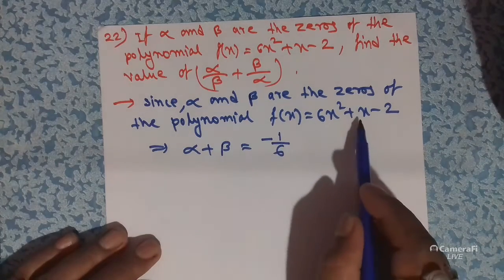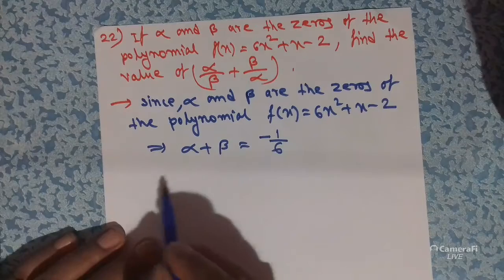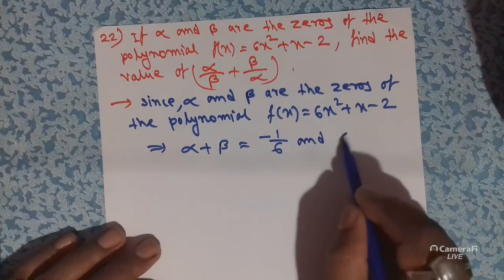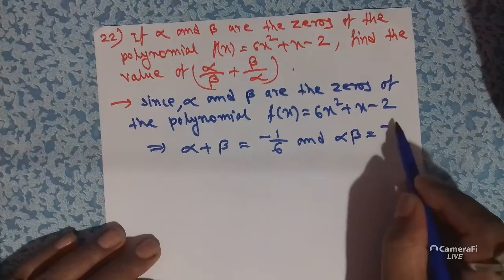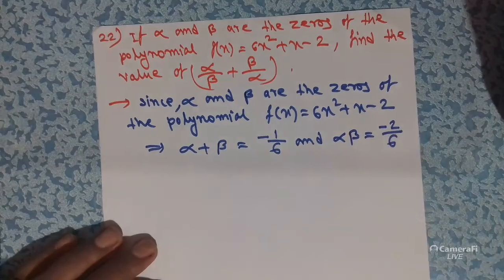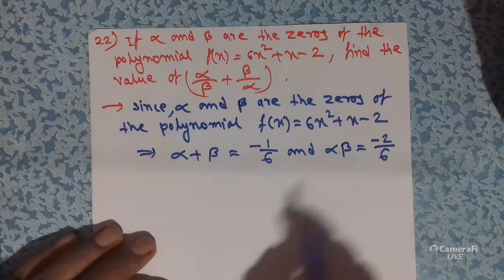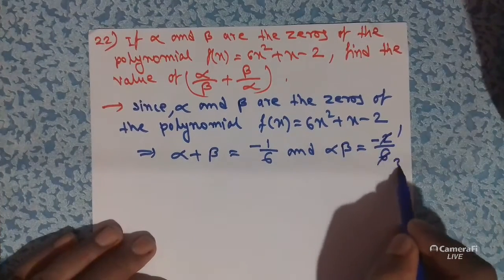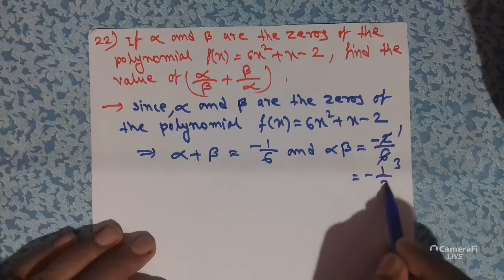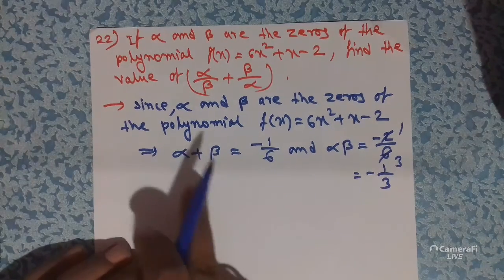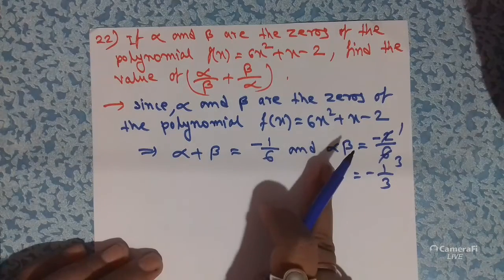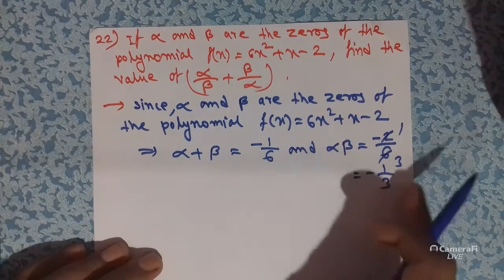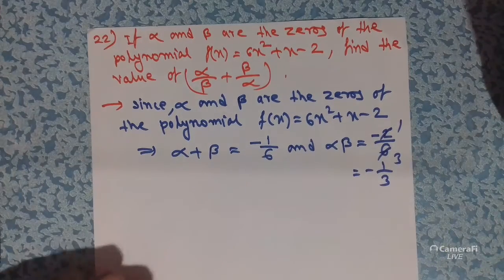Here a means 6 and b means 1. And alpha beta is equal to c by a, that means minus 2 by 6, because c means minus 2 and a means 6, so it will be minus 1 by 3. So the sum of the zeros, alpha plus beta, is minus 1 by 6, and the product of the zeros, alpha into beta, is minus 1 by 3.